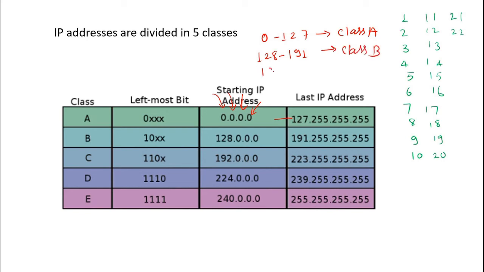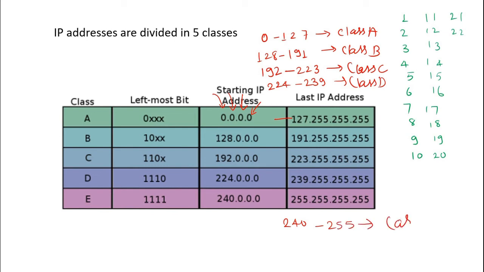If the range of the first octet is from 192 to 223, we say it is a Class C IP. If it is 224 to 239, it is Class D. And 240 to 255 is our Class E IP.